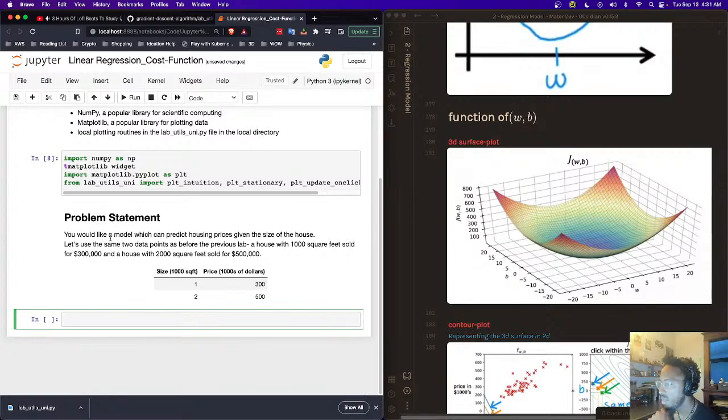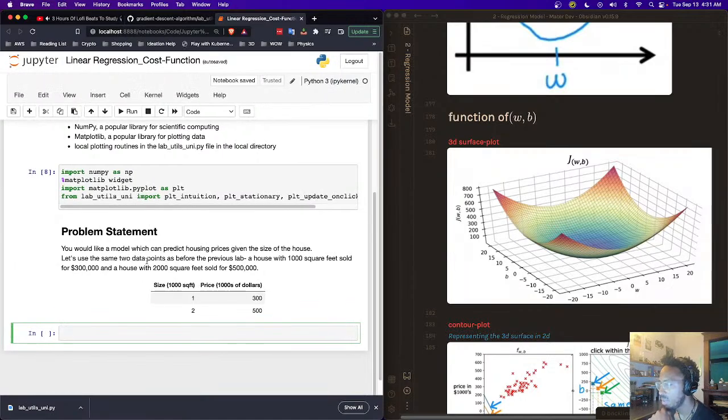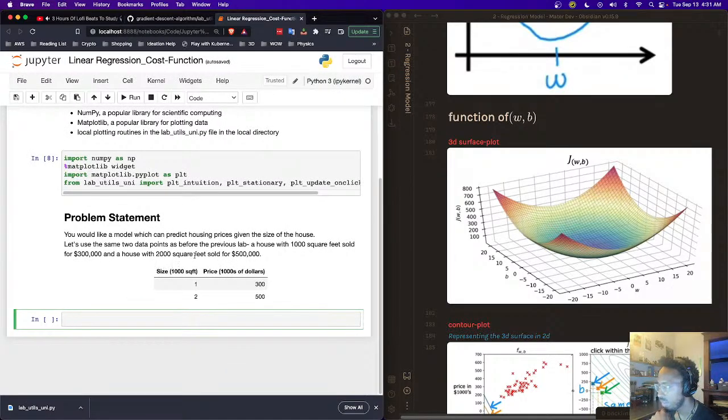Let us use the same two data points that we did in the previous lab. A house with 1,000 square feet sold for $300,000, and a house with 2,000 square feet sold for $500,000. We're reducing these numbers by dividing them by 1,000, so we get 1, 300, 2, and 500.